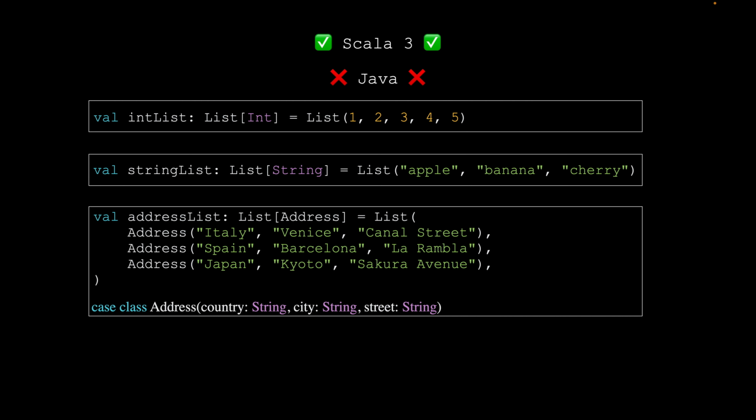So, for example, some person has an address in some city, and we can create a list of such objects, of such addresses.